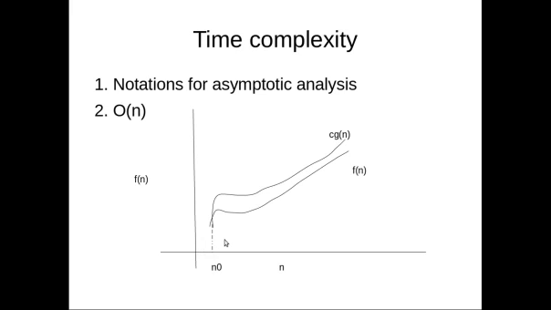Suppose n is equal to 10. You run the program, then you plot the graph. How much time will it take? Suppose 1000 nanoseconds. Now you increase n to 100. Now it will take more execution time.